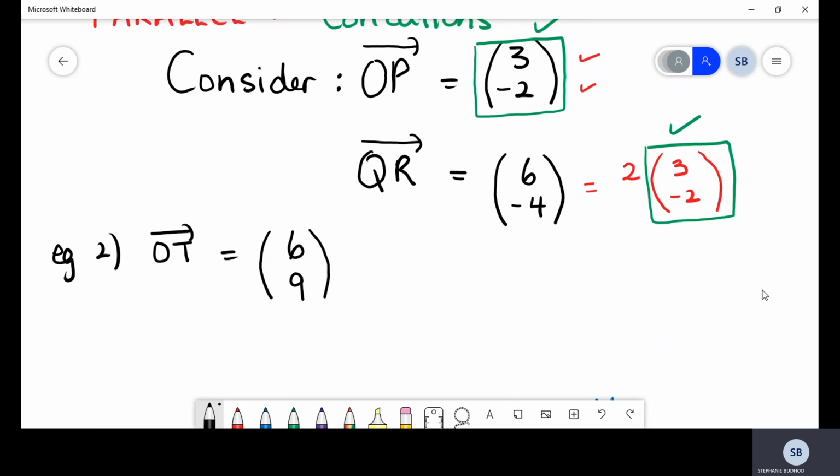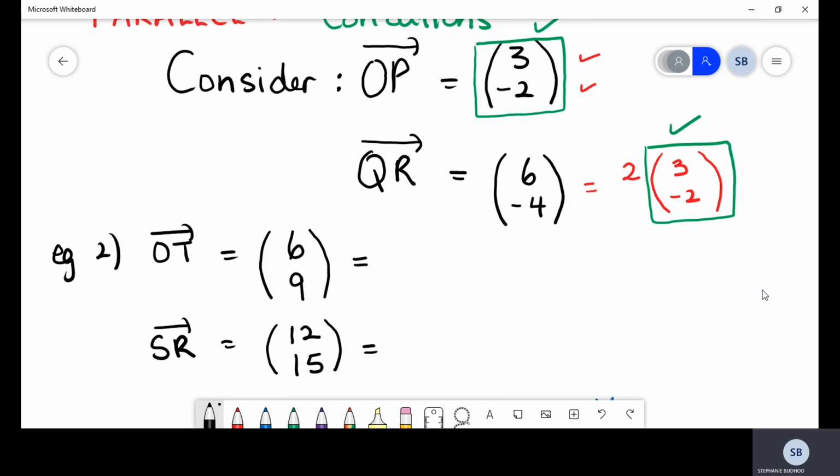And then we had a second vector SR, and that was equal to, let's just say, I want to choose a large number here, 12 and 15. Let's try and see what will happen here. So notice in both cases, we have vectors which can be simplified. So let's try and see what happens.